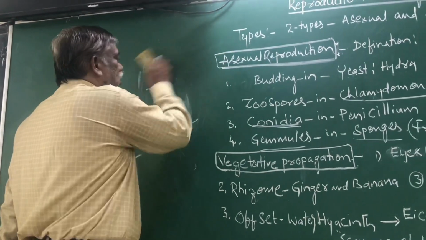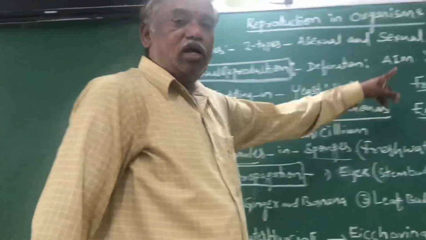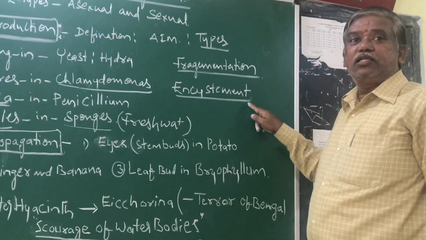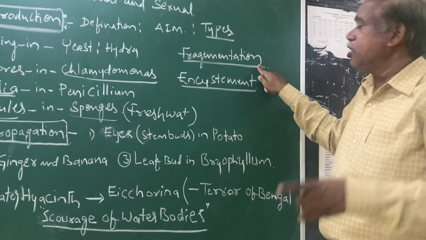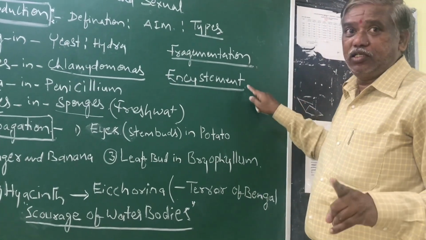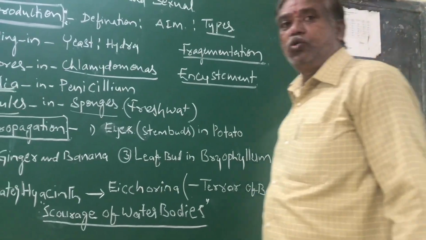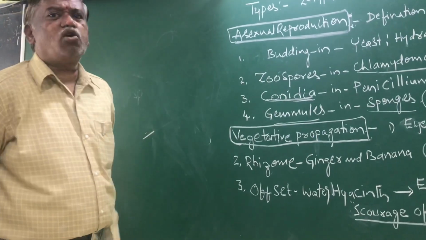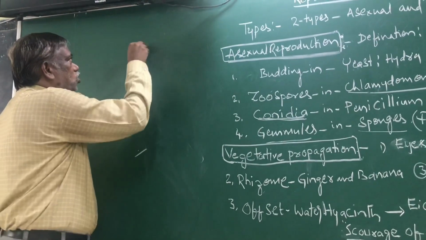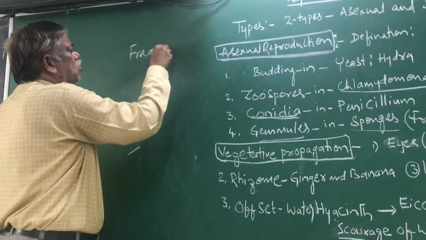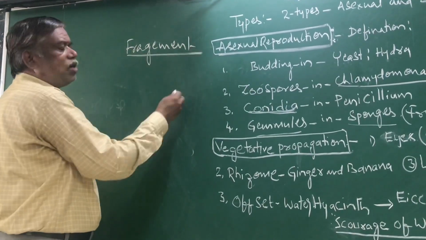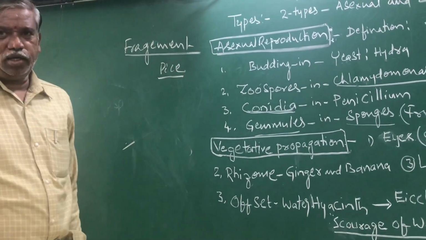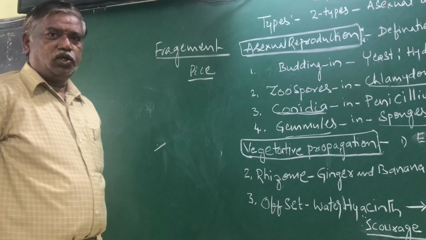But see, in addition to this, there are another two important concepts: fragmentation and regeneration. I can explain what is fragmentation. You know fragment. A small piece is called a fragment.